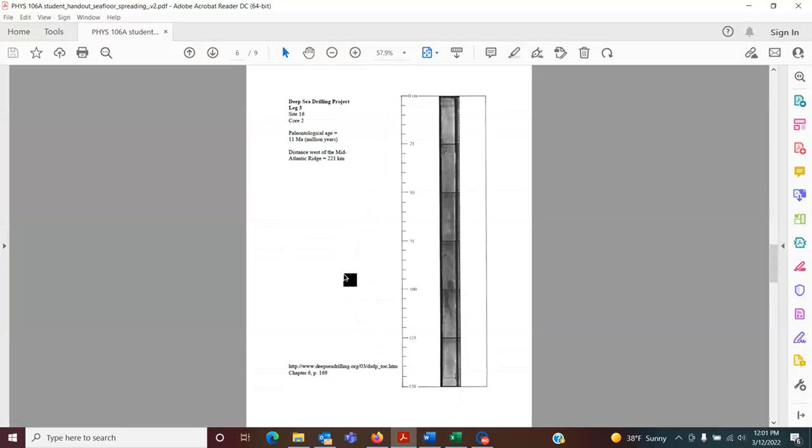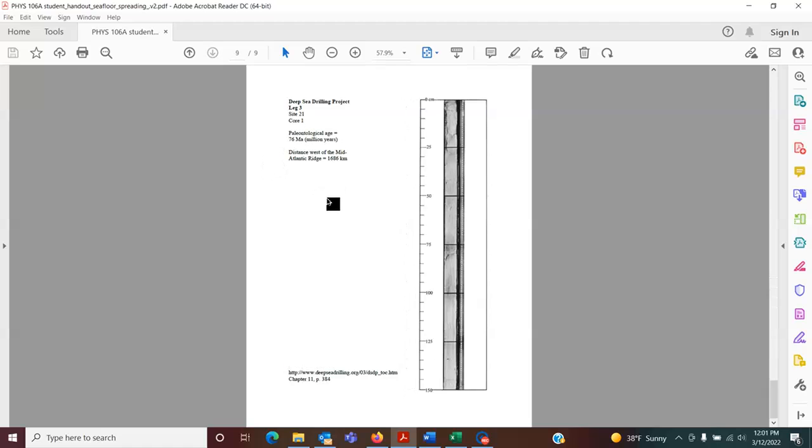Right? They're all in here. Site 16 is in here. You've got your paleontological age, and you've got your distance west of the mid-Atlantic ridge. Got site 19. You got your age and your distance, right? So go through those, fill that out.